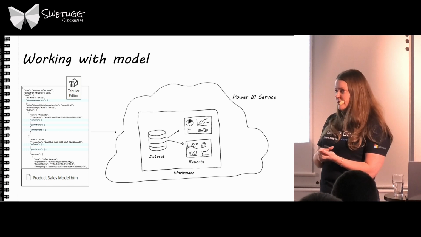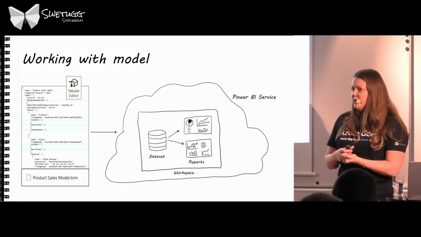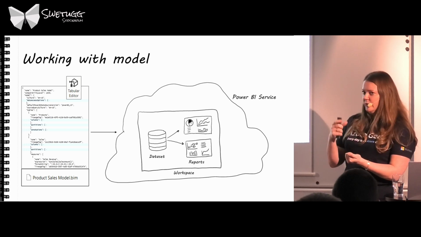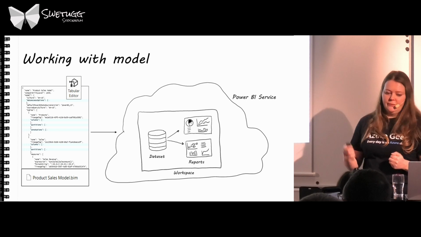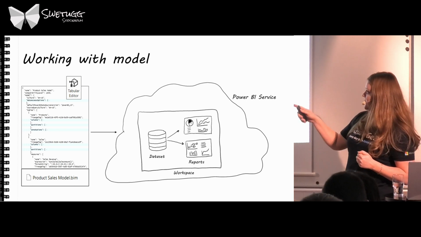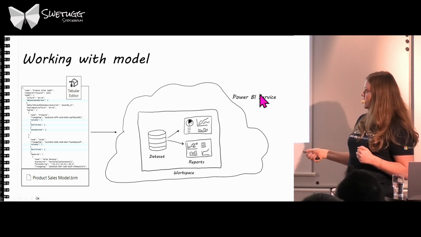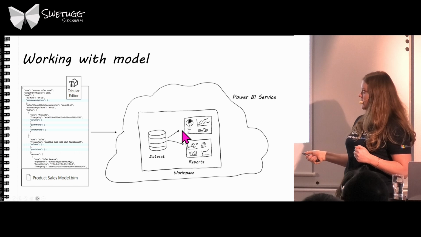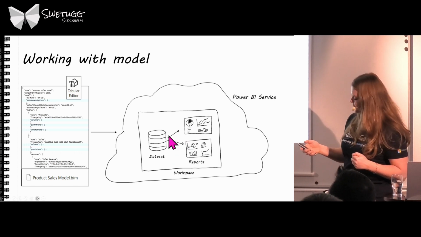You can do source control, deploy your changes, track your changes, and merge your changes, in the same way you work with your other C# or JavaScript code. Based on this model, you can actually create multiple reports.